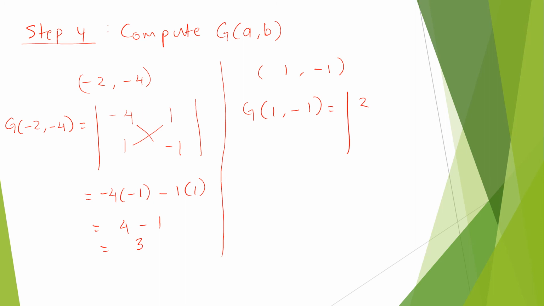Okay, so fxy at 1, -1 is 1, and fyy at 1, -1 is -1.